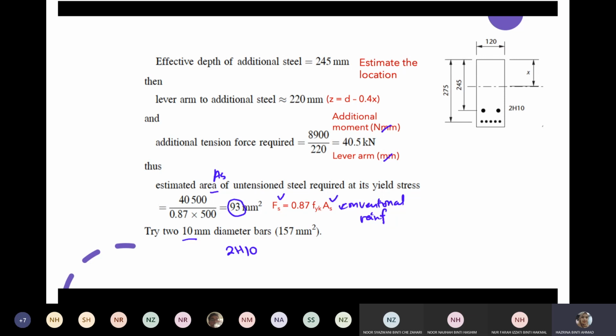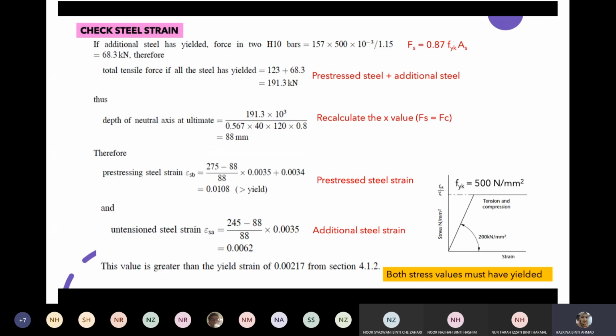So we are choosing 2H10, two bars with 10 millimeter diameter each, with a total area of reinforcement of 157 millimeter squared. You can calculate this yourself, or you can also refer to the table of reinforcement for the cross-sectional area of bars.